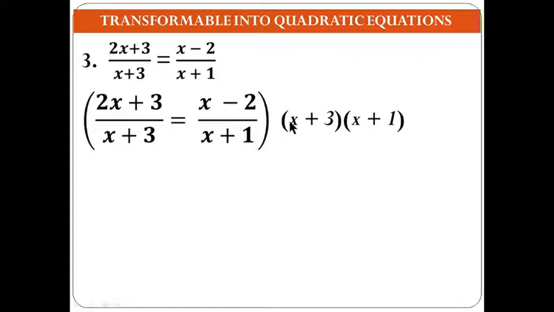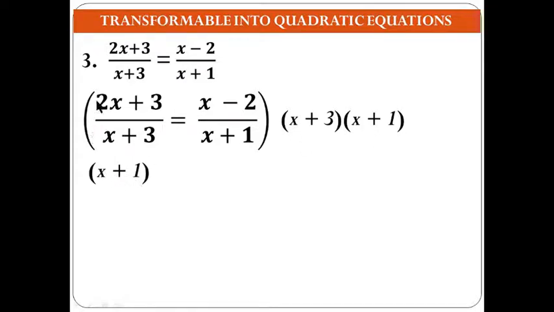So, x plus 3, x plus 1 divided by x plus 3 ay x plus 1. So, kung matatanggal ito, matatanggal din ito. So, naiwan is x plus 1.